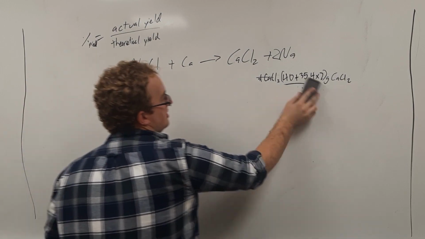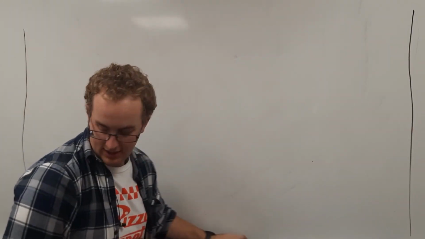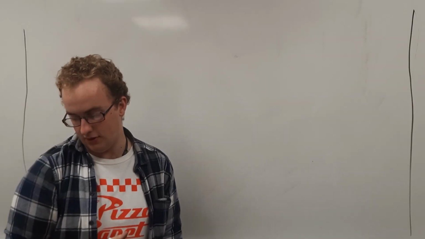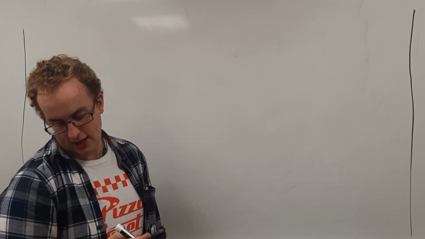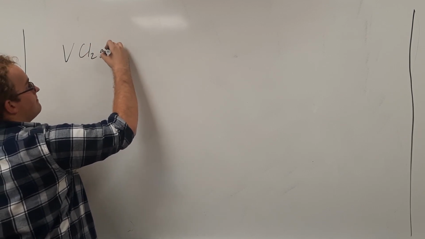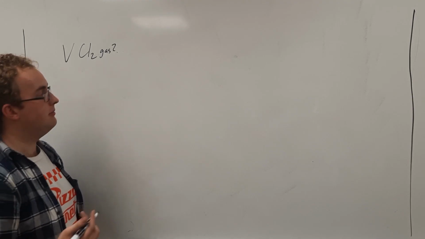We have a pretty specific problem here. On this paper, it says the volume of chlorine needed to produce a gram amount of sodium chloride at STP. So essentially, it's saying we need a V of Cl2 gas needed to produce a gram of sodium chloride at STP.